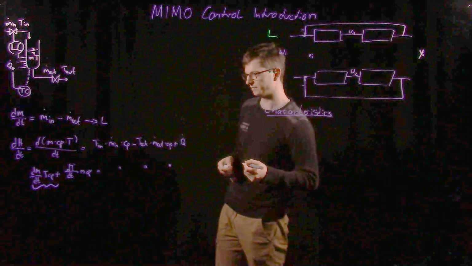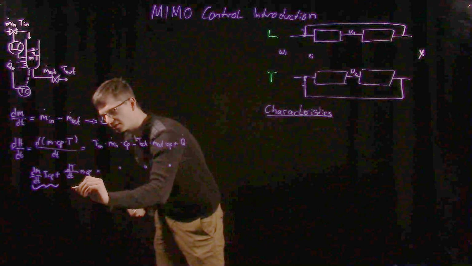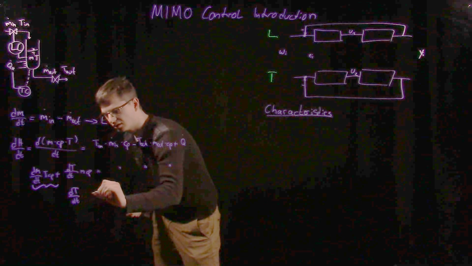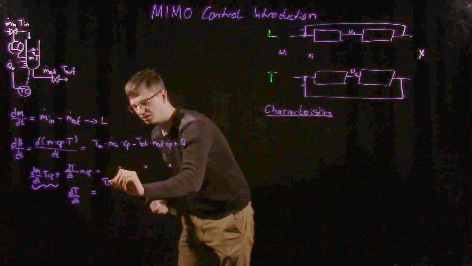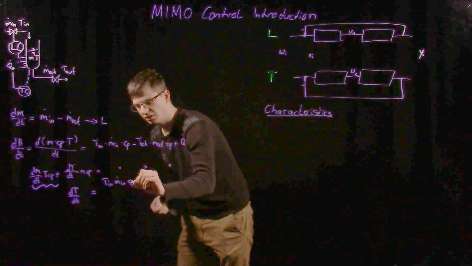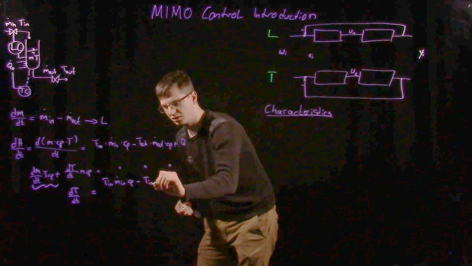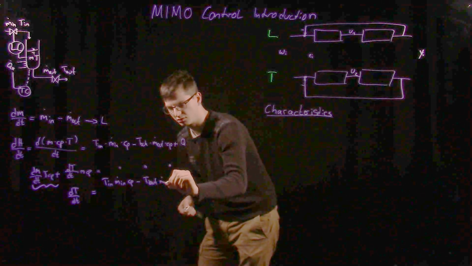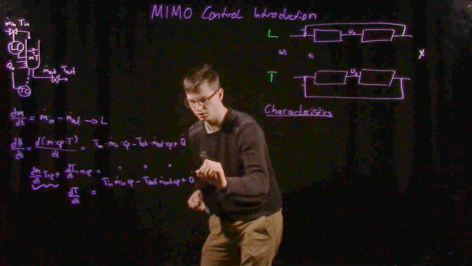And what we will get is a differential equation for the temperature. So it's actually dT over dt, and that should equal T in m dot in Cp minus the output stream, so T out m dot out Cp, plus Q dot.